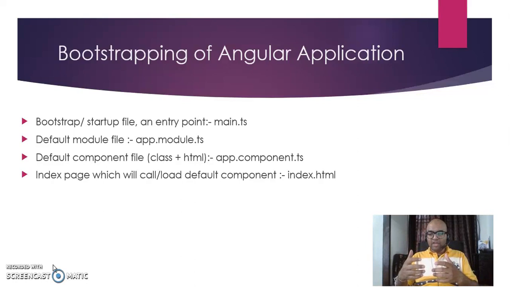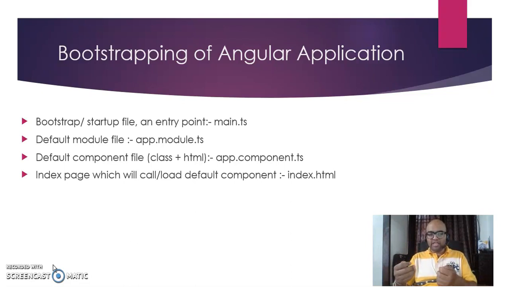Before starting with component programming, let's get a quick brief of what we did so far. As I already mentioned in bootstrapping, you will have one bootstrap or startup file, one default module file, one default component file, and one index page. So in any CLI seed project, your main.ts will be your startup file.